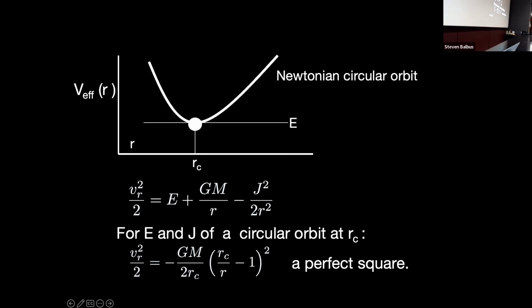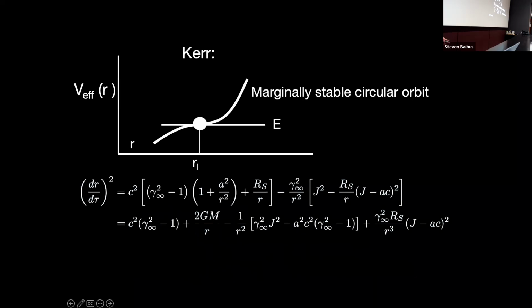That's impossible. Let's play the same game now with the Kerr effective potential at a point where it is marginally stable. So there, you get something that looks like this.